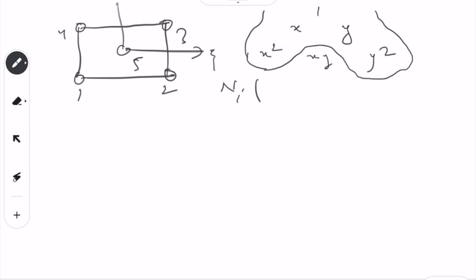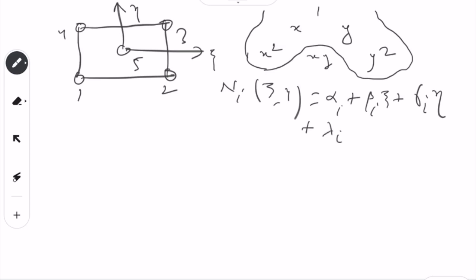xi and eta system. So we can simply write N(xi, eta) is equal to, either you can write it in terms of alpha_i plus beta_i xi plus gamma_i eta plus lambda_i xi square plus delta_i eta square.